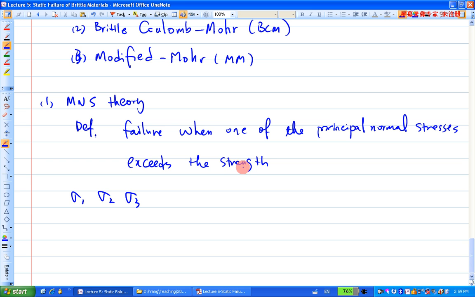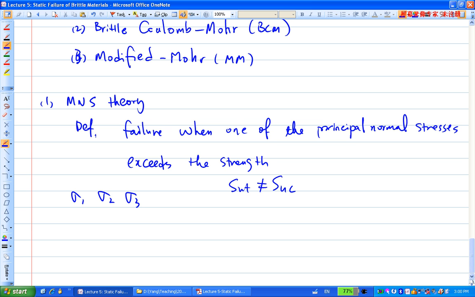So the strength here, if you remember for brittle material, we actually have two different strengths. One is SUT, the other is SUC, right? One is the ultimate tensile, the other is ultimate compressive, and these two are generally not the same, and that's what we call uneven material.